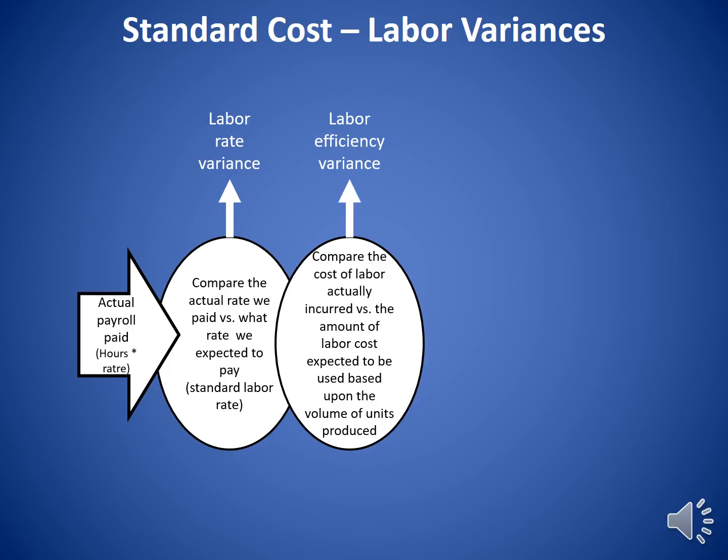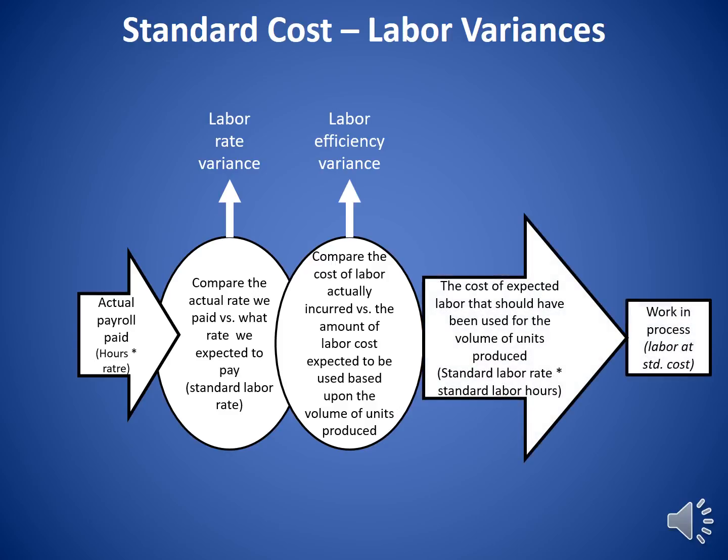So we have a standard in terms of we're going to pay somebody a standard dollar amount, and it's going to take them so many hours of labor to make the unit. So we use that and we compare that to our actual labor cost, and we come up with what we call a labor efficiency variance. And that labor efficiency variance, just like the labor rate variance, is extracted as part of the cost flow.